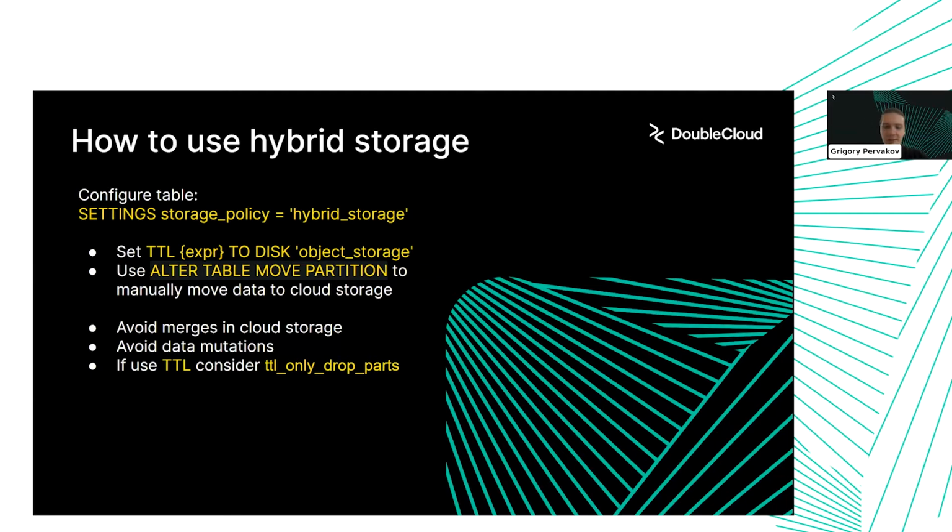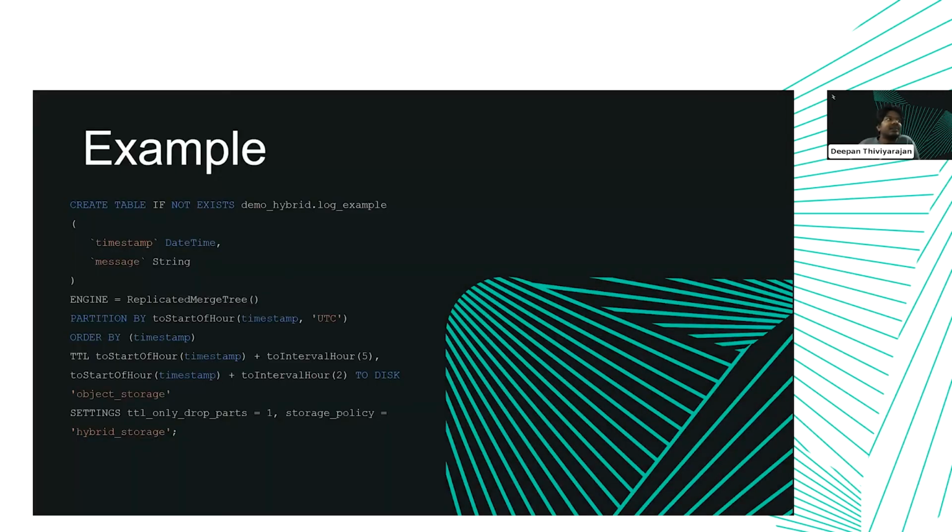Deepan, let's look at the example. It's a sample schema for real-time log-like events. We can see all the previous tips here. Let's look a bit closer. We partition data by hours and upload them after 2 hours from the insertion.